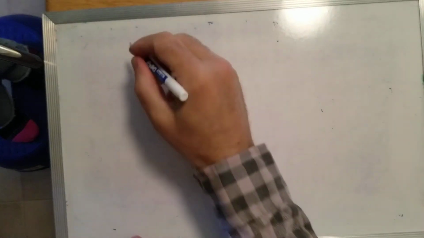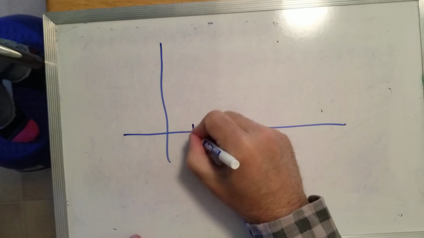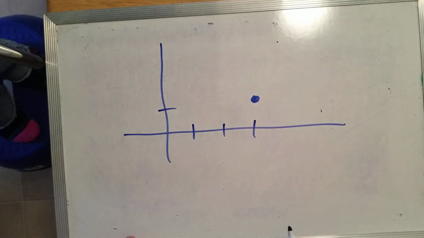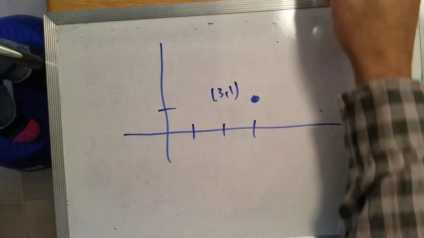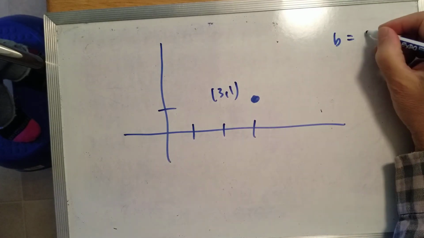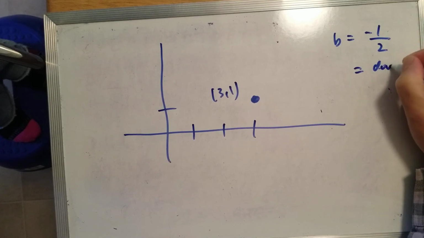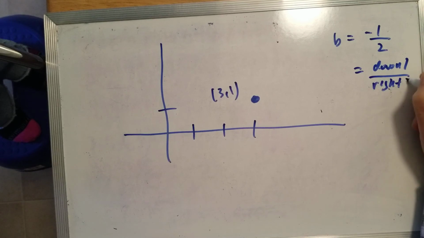This line, the point that I was given was (3, 1), which is right over here. So that's my starting point. And from there, I'm going to go down 1 in y. So remember, the slope is negative 1 over 2, which means down 1 and right 2.